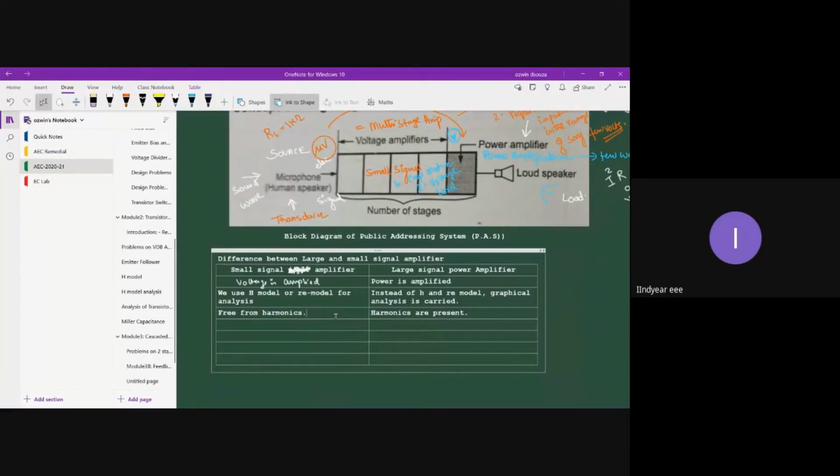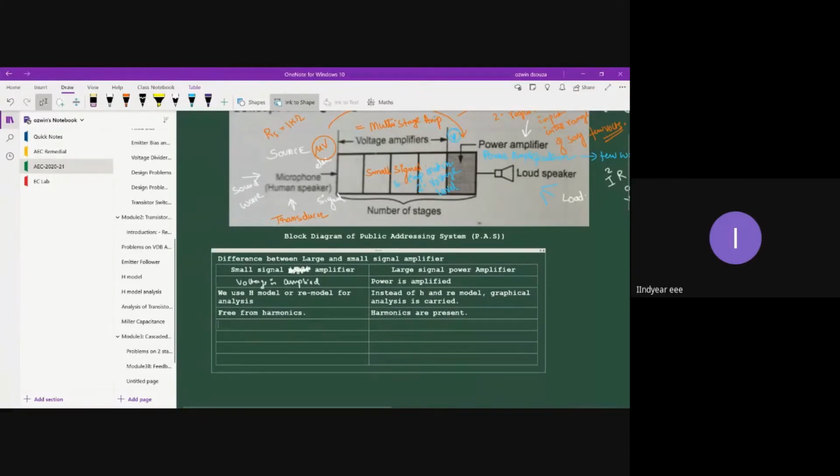So your small signal amplifier is free from harmonics, that means to say your output is consisting of only fundamental component, but your large signal power amplifier will have fundamental component along with even and odd multiples of fundamental component, which we will be discussing in the future classes.